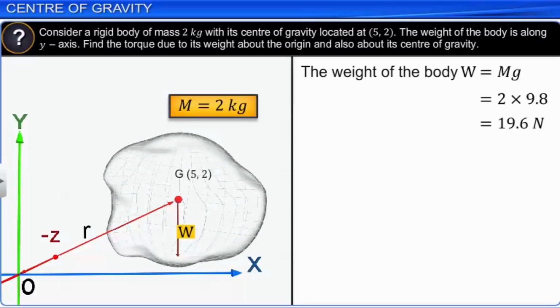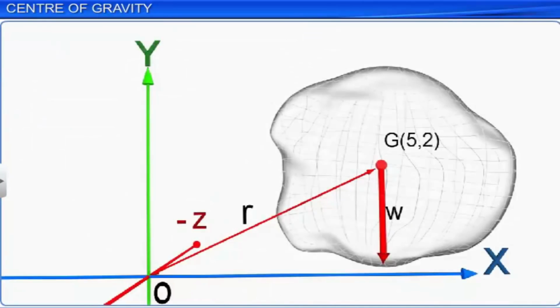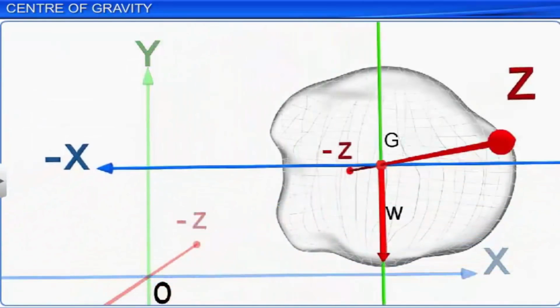The gravitational torque tau g is equal to R perpendicular into W is equal to 5 into 19.6 Newton meter, which is equal to 98 Newton meter, and acts perpendicular to the plane of the paper and passes into it. As the weight of the body acts through its center of gravity, torque due to weight of the body about its center of gravity is 0.